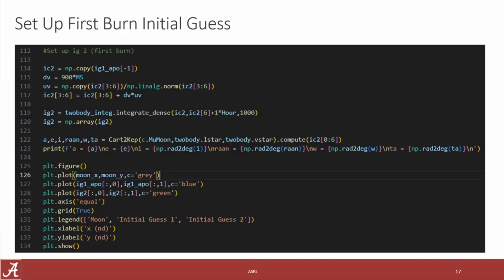I also just noticed this. I've been using ASSET before it got a lot of its convenience functions. You'll notice in line 122 of this example, cart to kep is the vector function that we defined, and it needs the components passed in to instantiate it. Once that vector function is instantiated, I did dot compute and passed in the initial conditions. You don't need dot compute. That's old syntax.